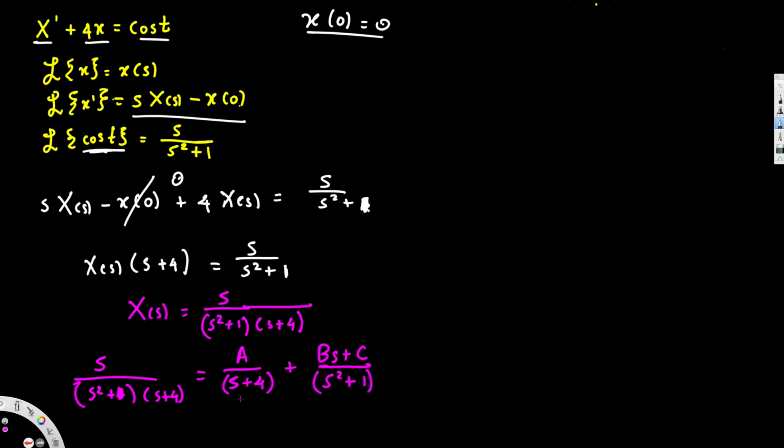Now we have the partial fraction. The next thing is we are going to multiply both sides by the whole denominator, so (s squared plus 1) times (s plus 4) on both sides.